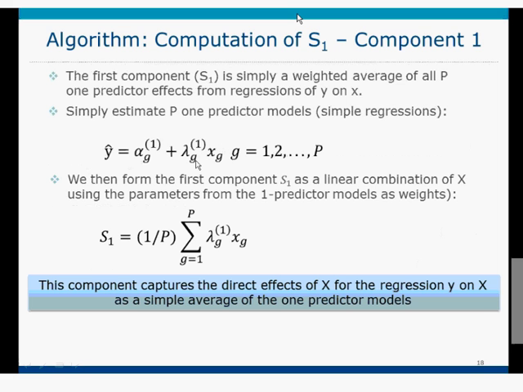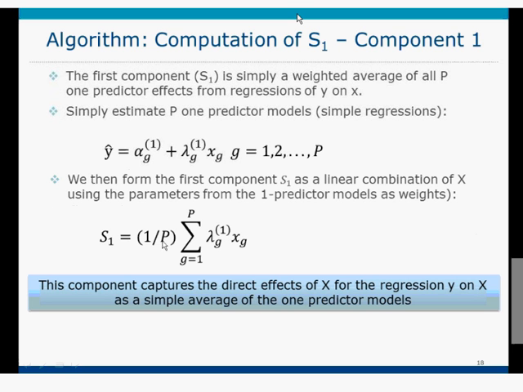Okay, so how do we get the loadings in CCR? Let's look at the first component. How do we get those, what I call direct effects? We take the dependent variable and regress it on each predictor one at a time. We take the regression coefficient that we get, that simple regression coefficient, and that's lambda G1.